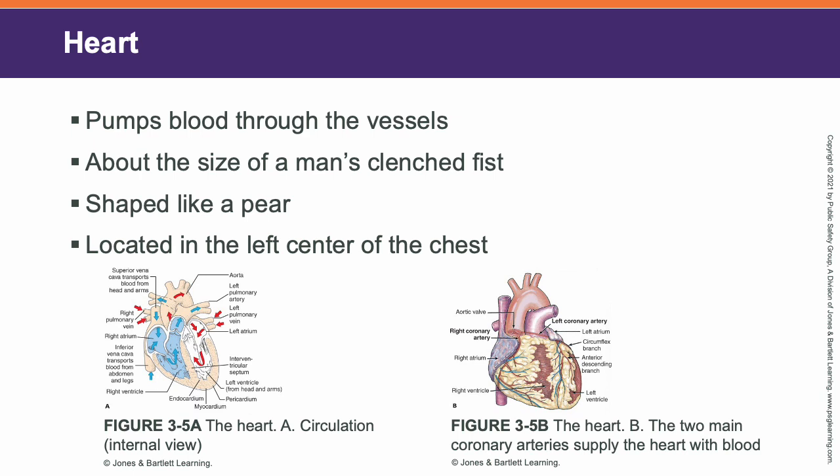Your heart is a pump that pumps blood through all of your blood vessels throughout your body. The heart is about the size of a person's clenched fist, shaped kind of like a pear. I see maybe an upside down pear, but I don't know if I love that description. But anyway, it is located in the center of the left side of your chest, underneath your rib cage, where it's well protected.